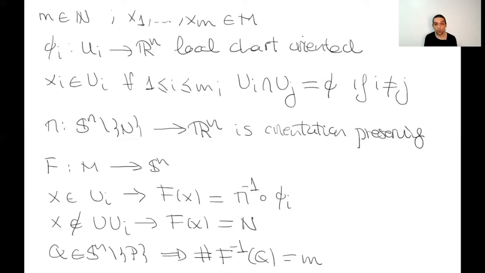And so what we get, because of Hopf's theorem, is that there are as many homotopy classes as integer numbers. There is a bijection between the set of classes modulo homotopy and the integer numbers.